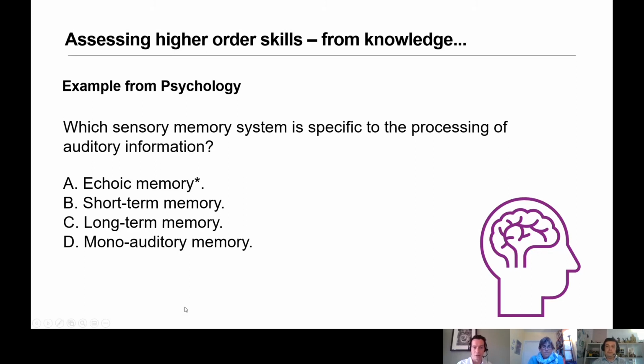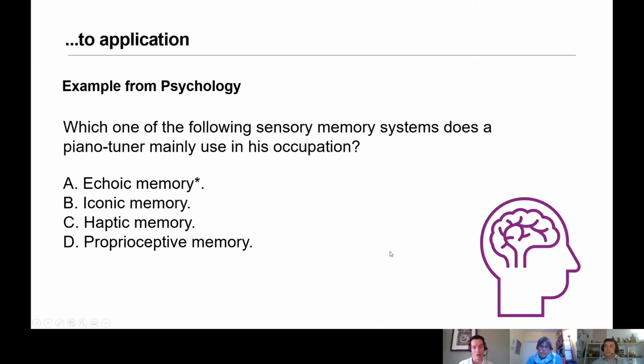So for the student who's gone through a process of learning about these systems, this particular question may have less plausible distractors than the application example. So that's another way that you can increase the demand of that particular example and take it from knowledge recall and recognition to higher order skills. So that's just a couple of examples of how you can change and manipulate multiple choice questions to get to those higher order level abilities.